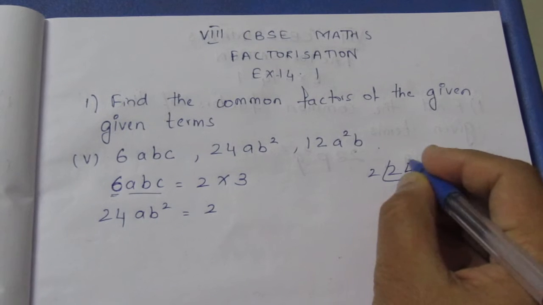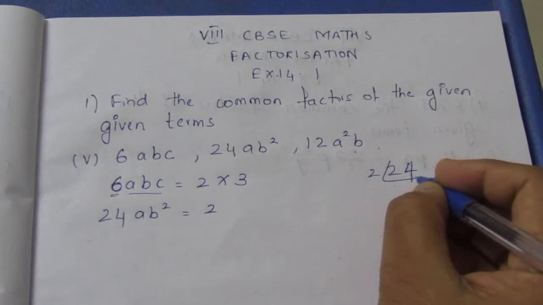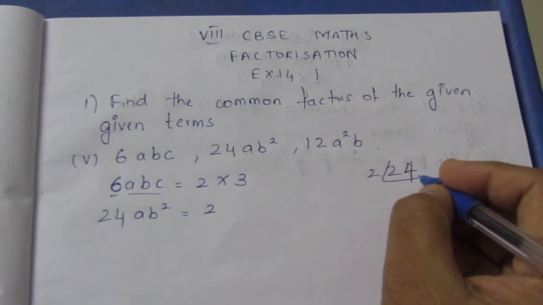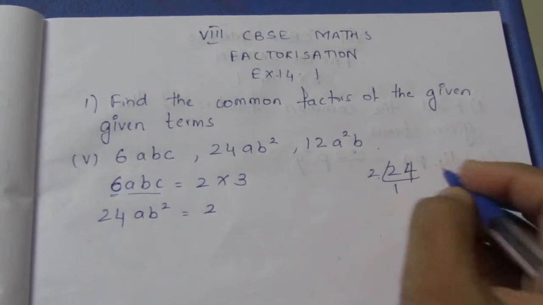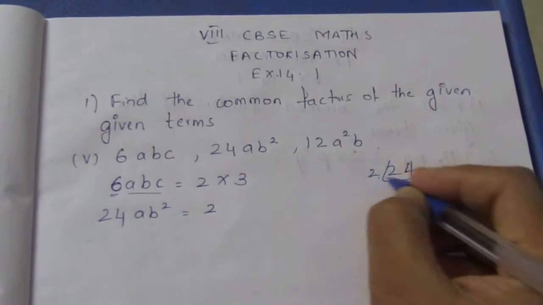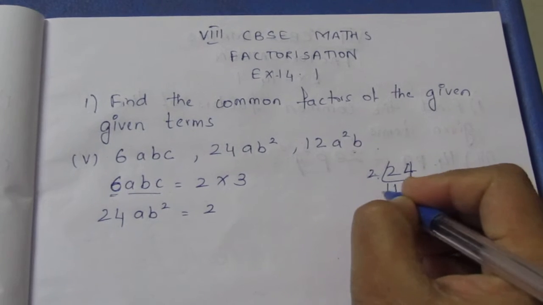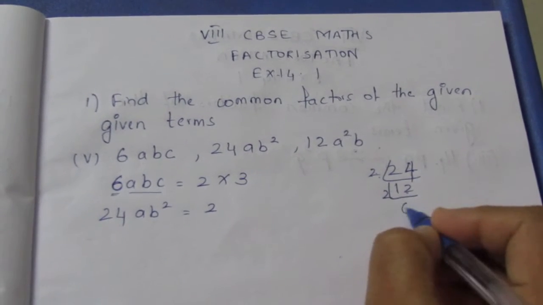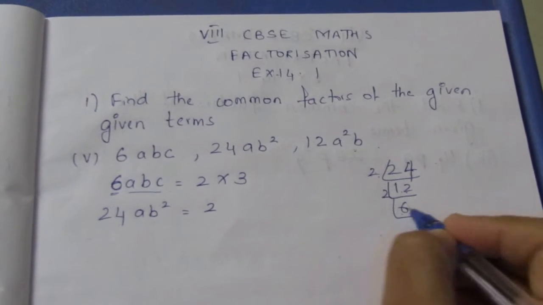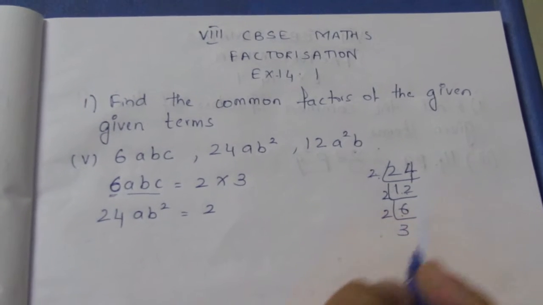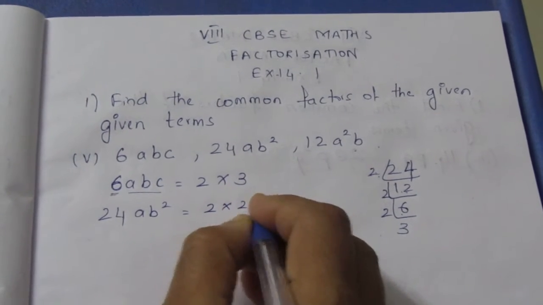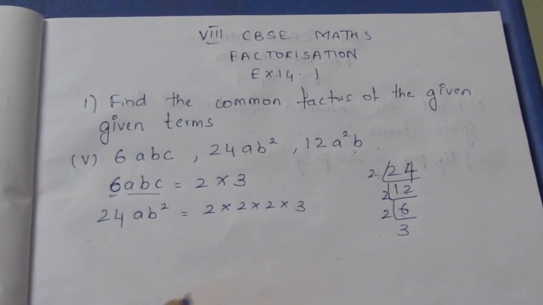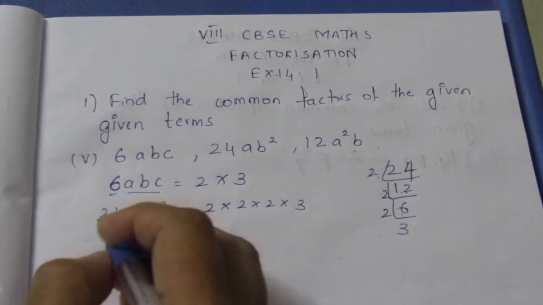It goes in 2 tables because in the unit digit we have 4, and 2, 4, 8, 6, 0 go in 2 tables. So 2 ones are 2, 2 twos are 4. Again it goes in 2 table, 2 sixes are 12. Again it goes in 2 table, 2 threes are 6. So your factorization will be 2 into 2 into 2 into 3. Leave the variables, we'll see it later.